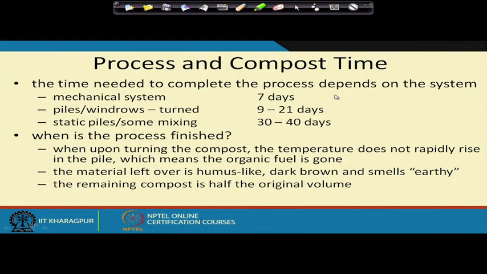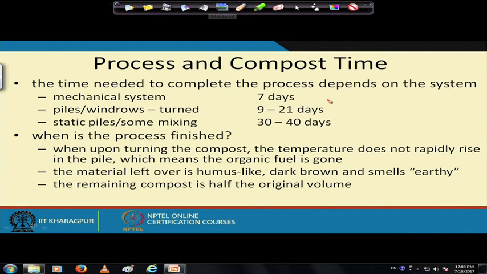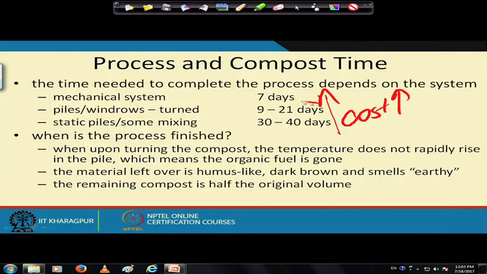There are different systems, and as we go up, the cost goes up as well. As you go for these systems, your cost also goes up. But sometimes the cost of land is so much, because if you have to do it for 9 to 21 days, that means you need a storage space for garbage.